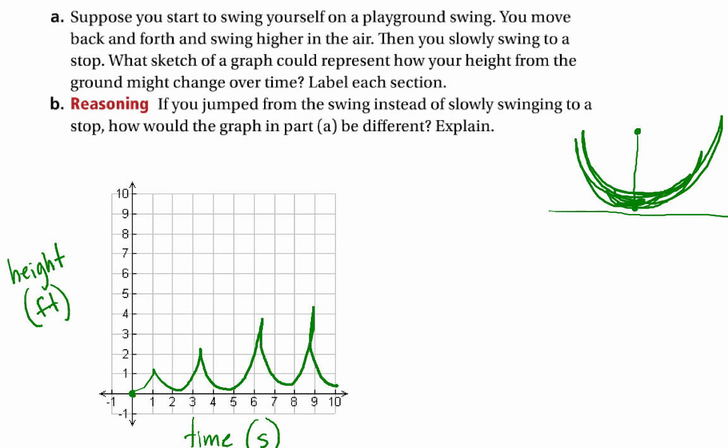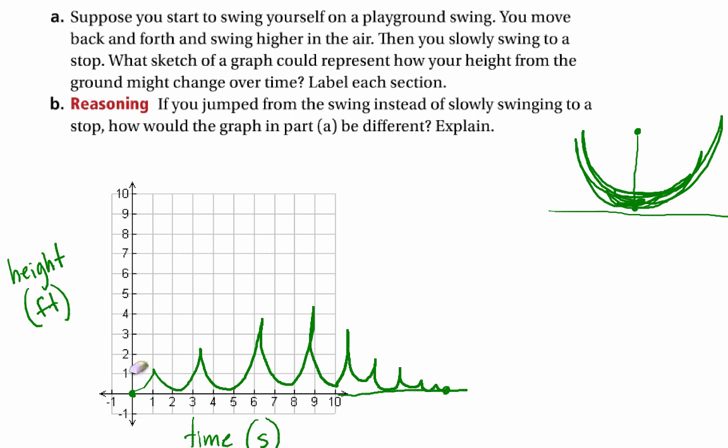And then even though my graph doesn't continue on, this is where I would start to slow down, lower, lower, lower, until if I did extend this axis out here, I would be back down onto the ground at some point in time, okay? So that the graph could look something like that. And I didn't draw these using straight lines because when you swing, your height is not necessarily changing at a constant rate, okay? So that's one way to draw this.